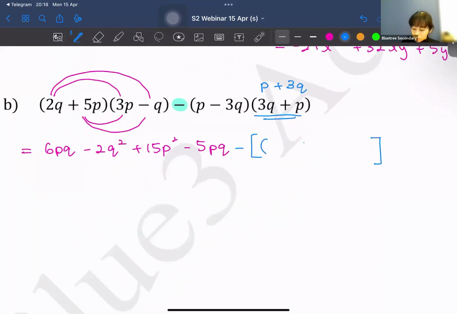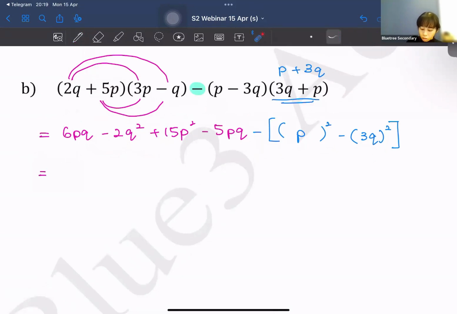So I'm going to use that identity to expand A squared minus B squared, where my A is the one in front of the negative sign. So that is going to be P. And my B is the one behind the negative sign, which is 3Q.